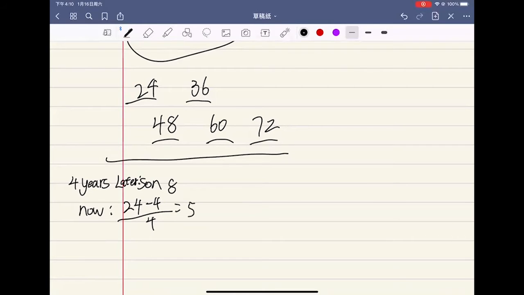Since it is 4 years later, the son should be 9 years old instead of 8, which means 24 is not the number we are looking for.